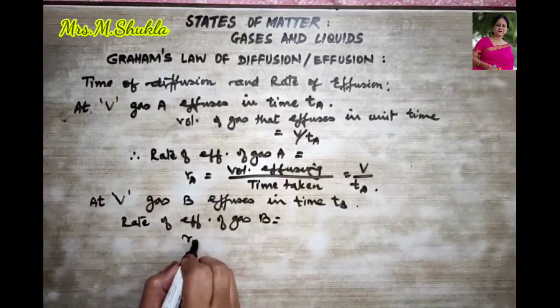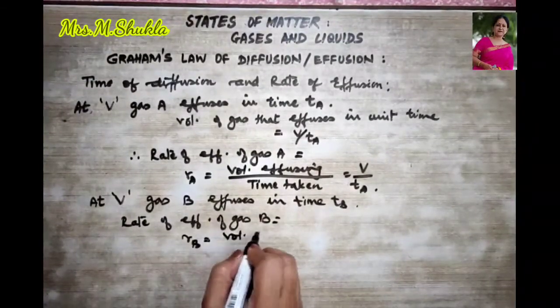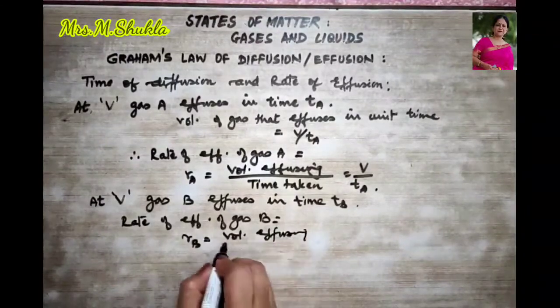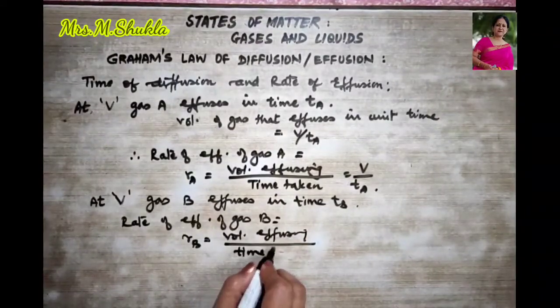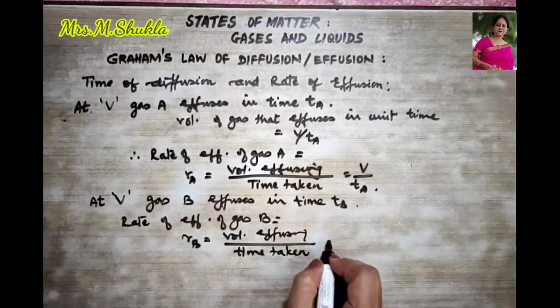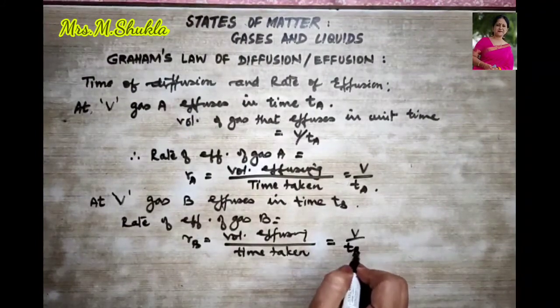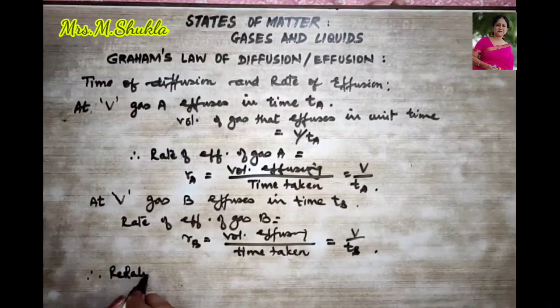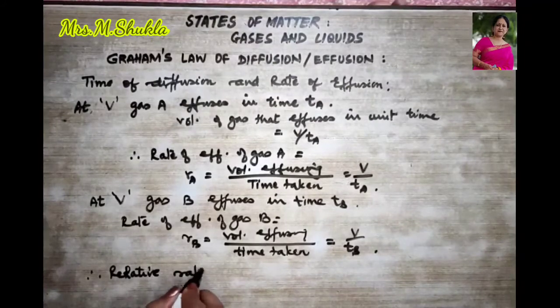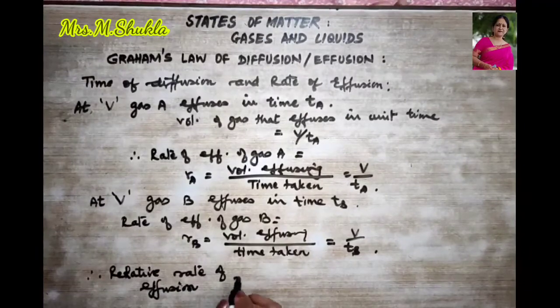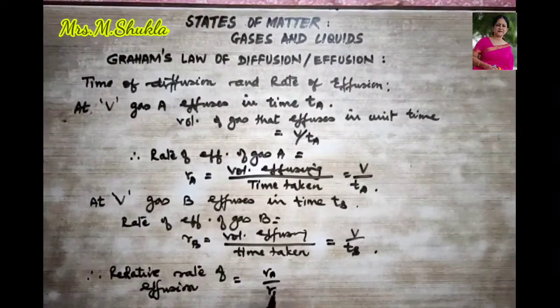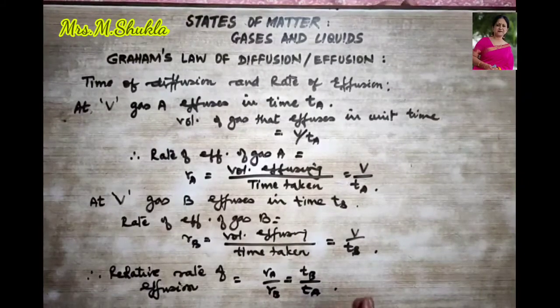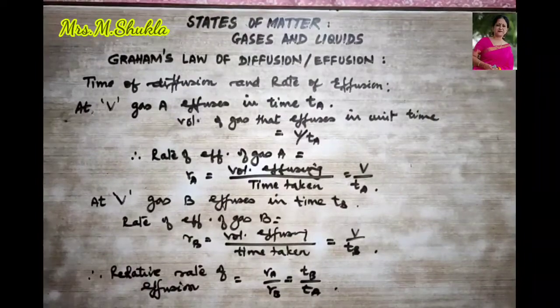RB is equal to the volume effusing upon the time taken, that is V upon TB. Therefore, what can we say? The relative rate of effusion will be equal to RA upon RB, which is equal to TB upon TA. Clear? This is what we have to understand.